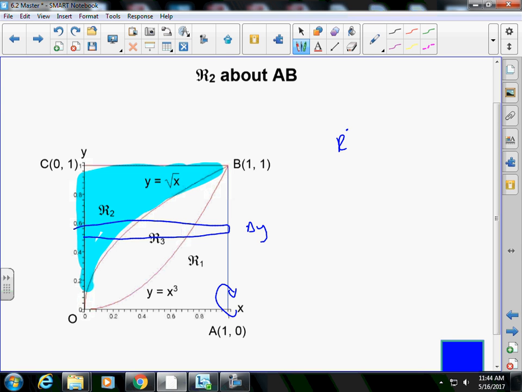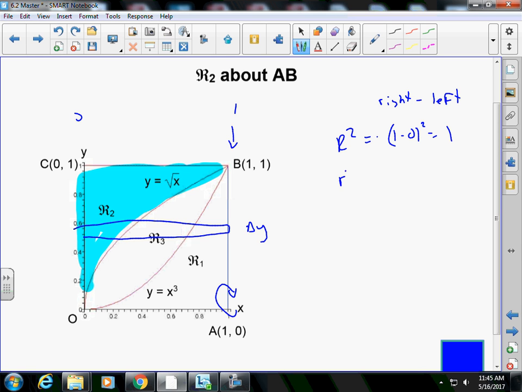Big R squared is equal to 1 minus 0, right? Right subtract left. My right-hand side is 1, and my left-hand side is 0. So it's right subtract left, and I'm going to square that and get 1.